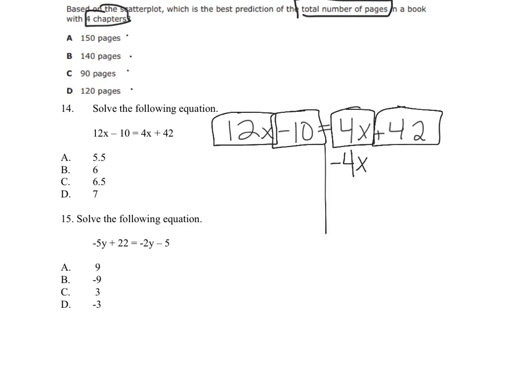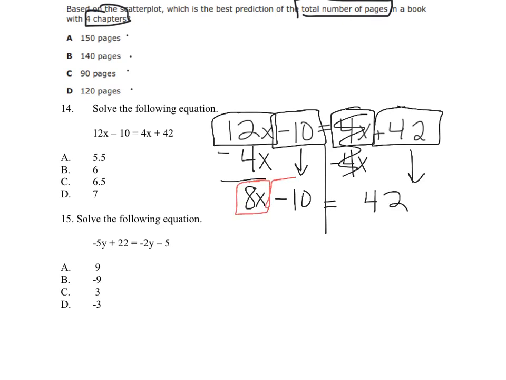So I'm going to subtract 4x since it's positive. There's no sign, so that tells me it's positive, and I have to combine it with the other x on the other side of the equal sign. That gives me 8x, and then I'm going to bring down everything else just the way it looks in the box. And then from there, I'm going to box everything in again.